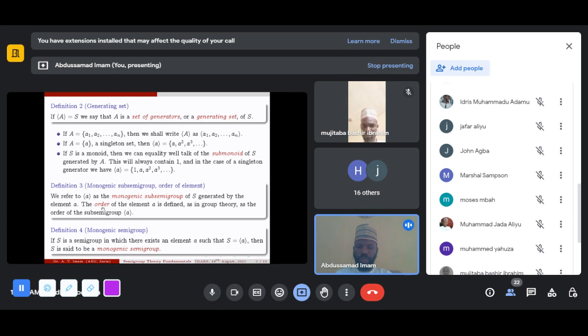And likewise here, if you are looking for the order of an element A in the semigroup, you just generate the cyclic subsemigroup by that element, and then whatever is the order, that will be the order of the element.